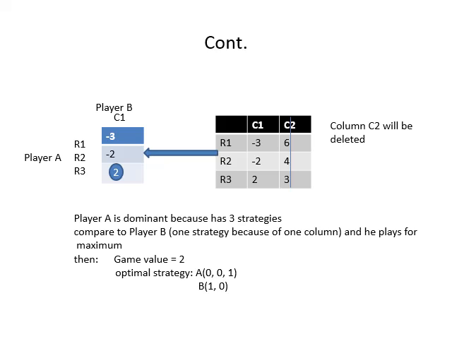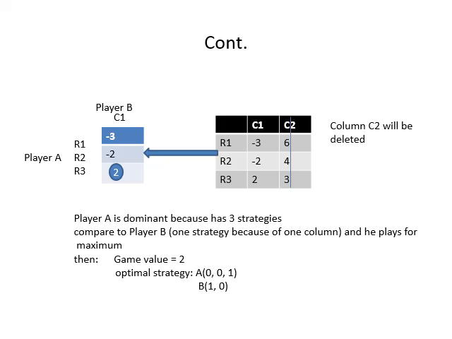Player A has 3 strategies because he has 3 rows. Player A is said to be the dominant because he has 3 strategies compared to player B who has 1 strategy because of 1 column.